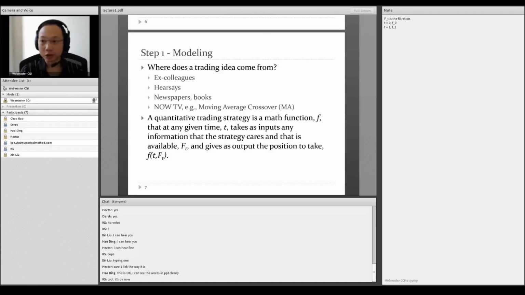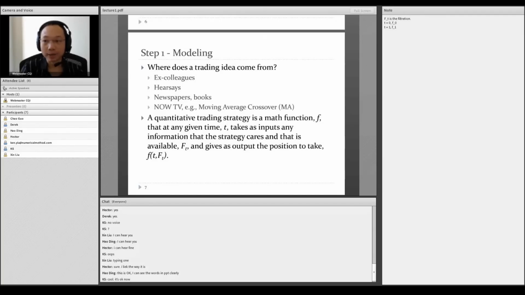Now, it doesn't tell you directly how much to buy or sell. It tells you the position that you should take. That's the difference. But from the current desired position and the existing position as of the last time step, you can compute the amount of units to buy or sell.